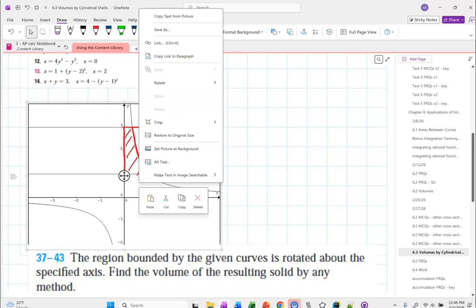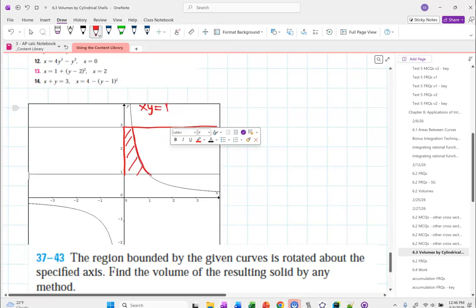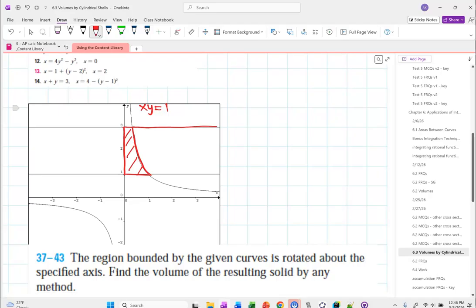Let's just do that. It's a little neater. Ah, x-axis this time. Thank you. So that tells us immediately that this is a dy problem.